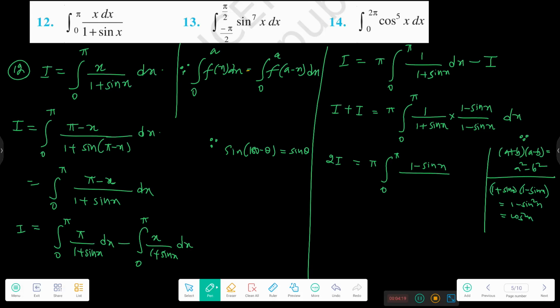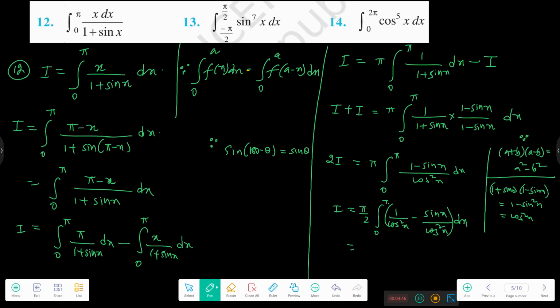So in the denominator we can write cos square x. Take the denominator, apply to both numerator terms. I equals, multiply 2 when you send it to the opposite side, divide. So pi divided by 2, integral from 0 to pi, 1 by cos square x minus sin x divided by cos square x into dx overall.